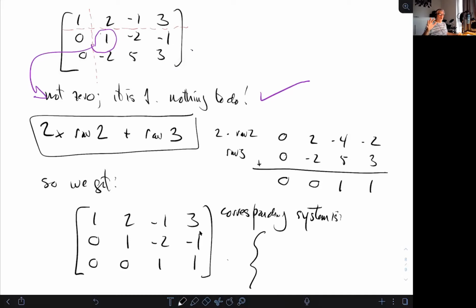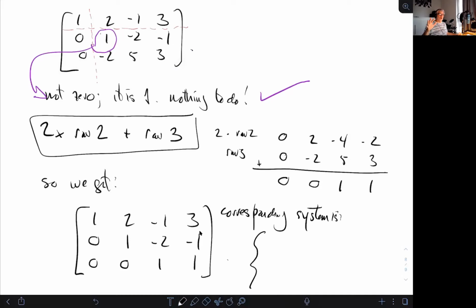And then finally I go to the top equation, which is x plus 2 times y, which is 1, minus z, which is 1, equals 3. So x is equal to 2.